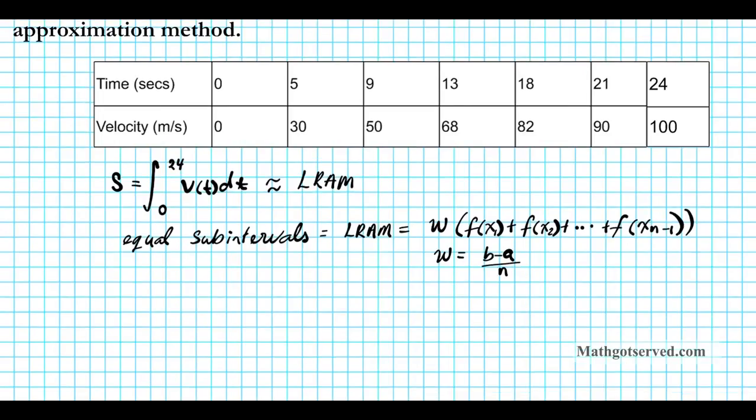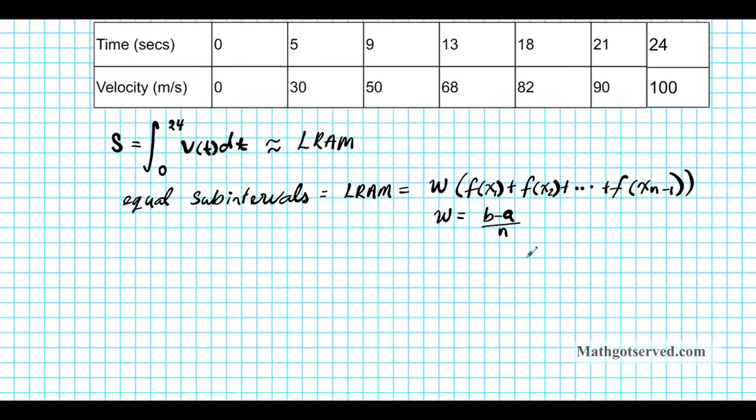Now let's draw a number line illustrating the range of our time interval. We're going from 0 to 24. Let's mark our calibrations.